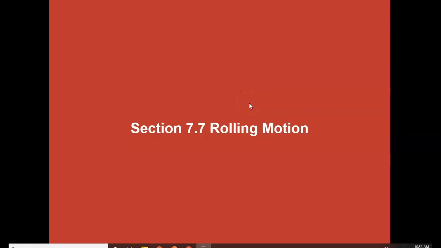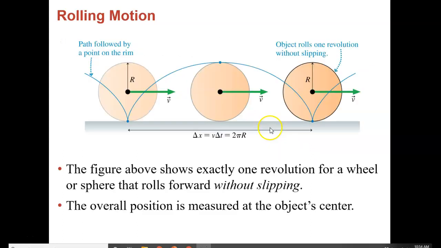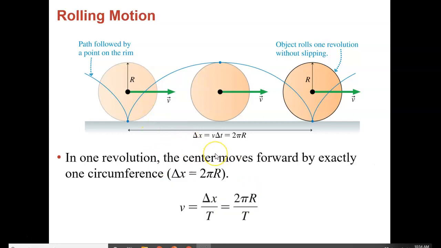All right, the last part of this unit is on rolling motion. Rolling is a combination motion: part of it is going in a straight line, part of it is spinning. The figure above shows exactly one revolution for a wheel that rolls forward without any slipping, and in one revolution, the center moves forward by exactly one circumference.